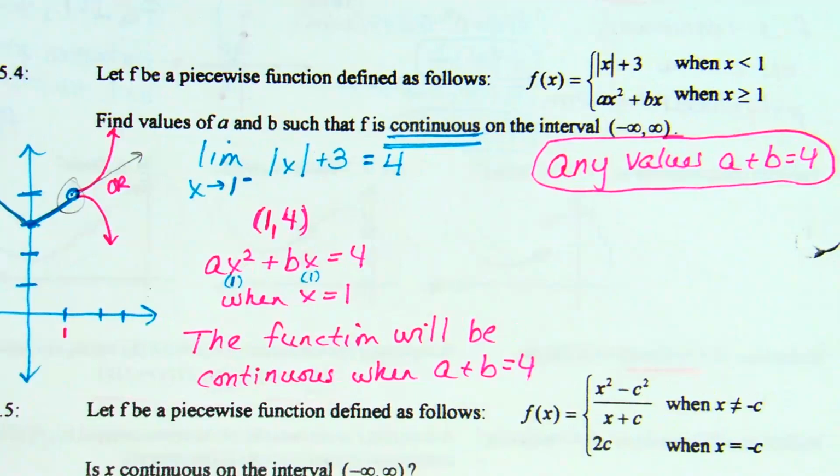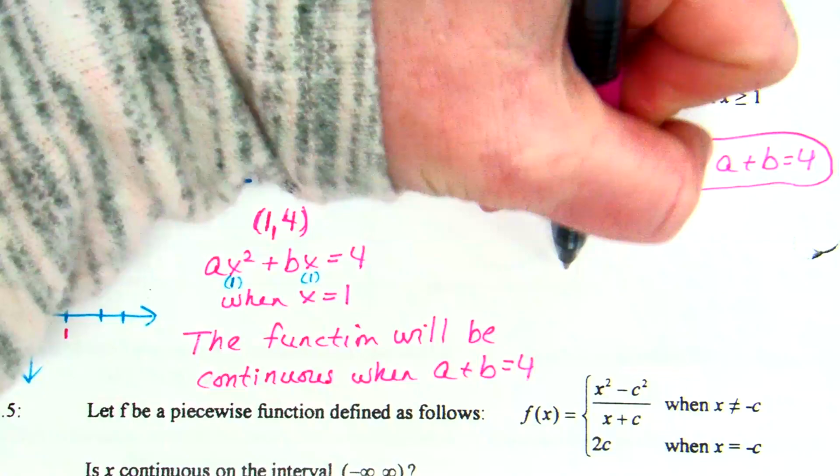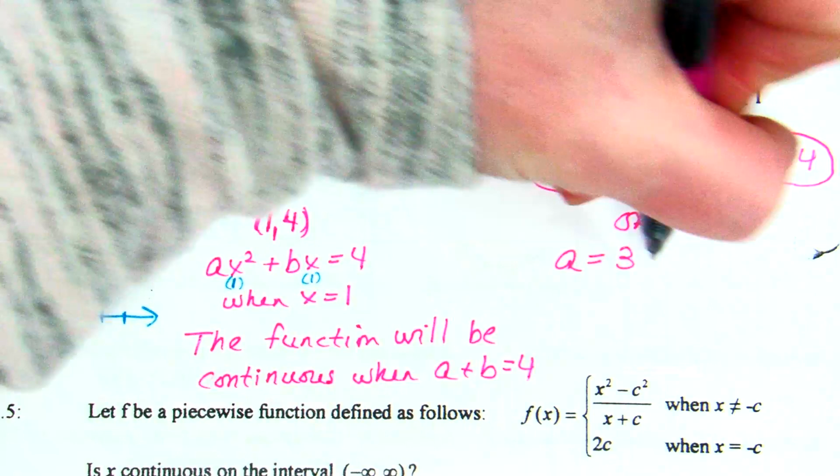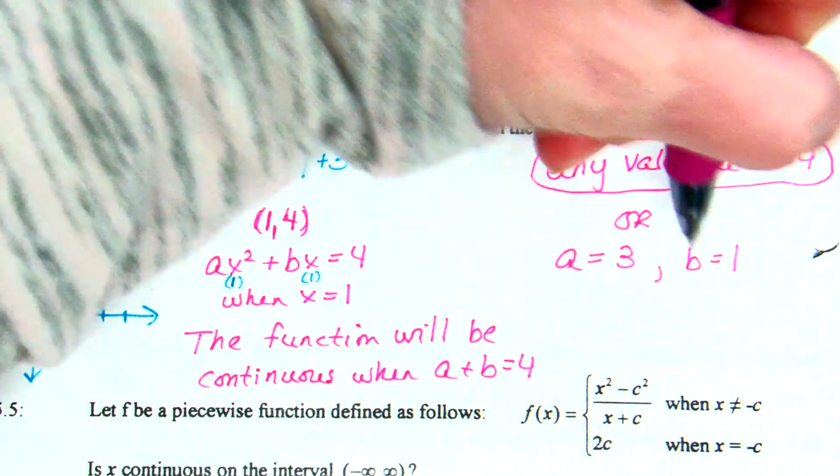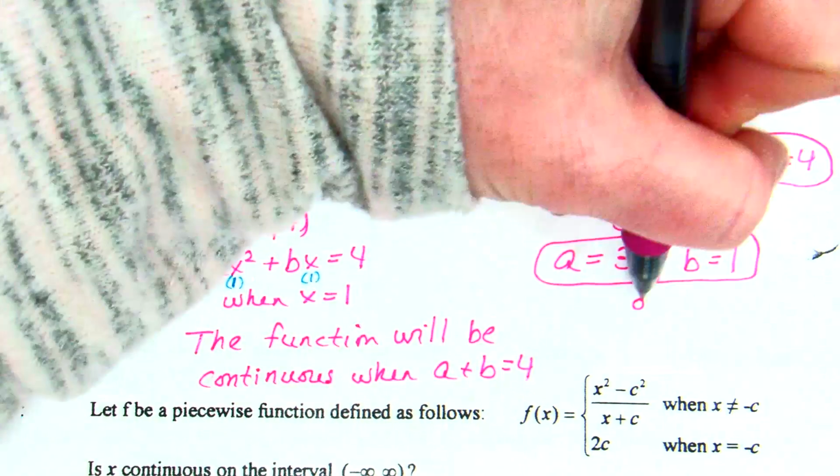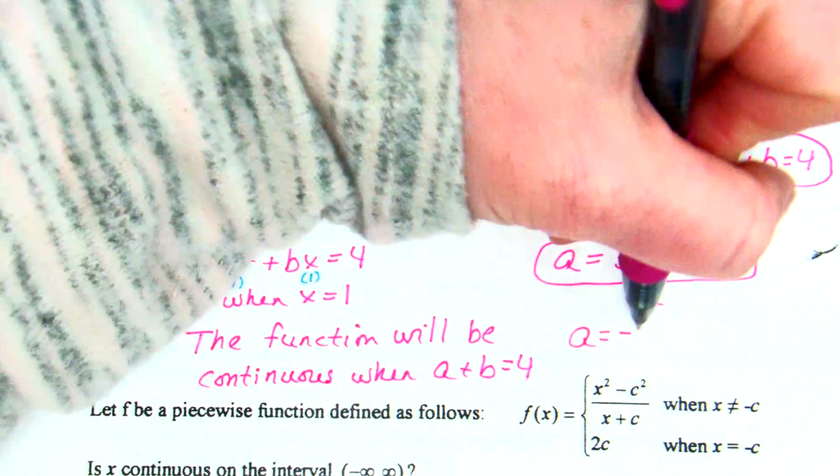If that is just too unsettling to you, you can come up with specific values. So you could say A equals 3, B equals 1.